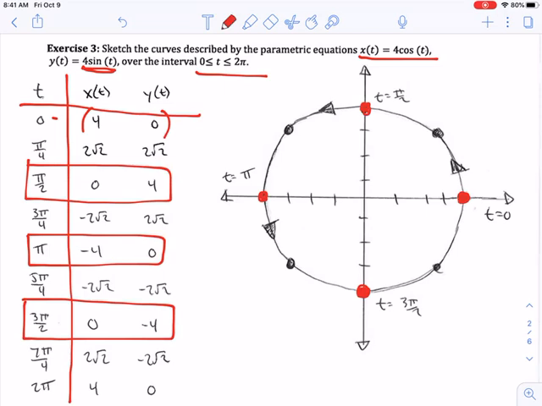And so that doesn't tell me a lot, but the fact that each of these distances are equal suggests to me that it's probably going to be a circle. But we still need some more information.